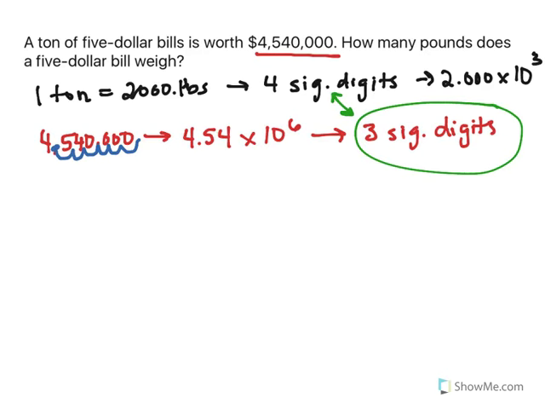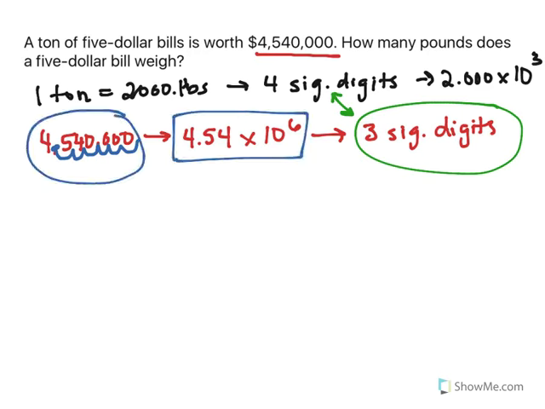Now we can move on to solving this problem. So the first thing we need to do is divide the scientific notation number by 5, because we know that we have this much money in $5 bills. We want to know how many bills we have. So we're going to say 4.54 times 10 to the 6th divided by 5.